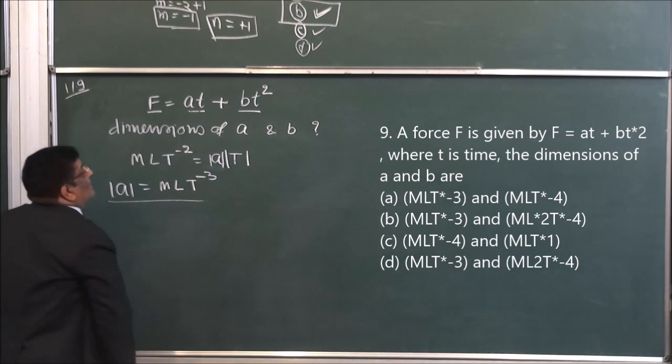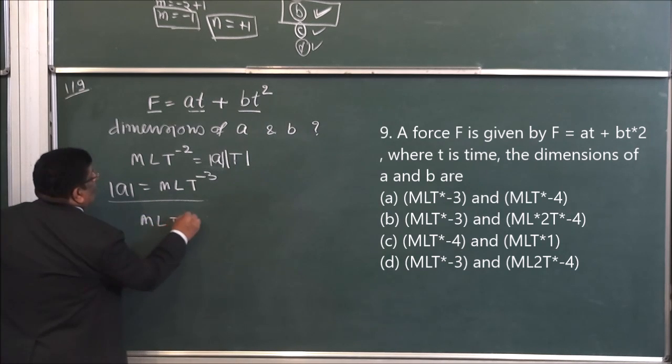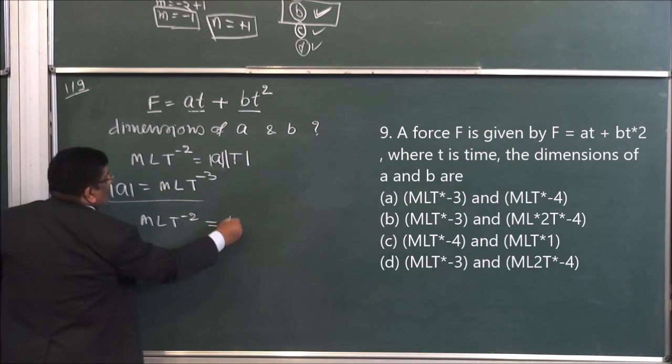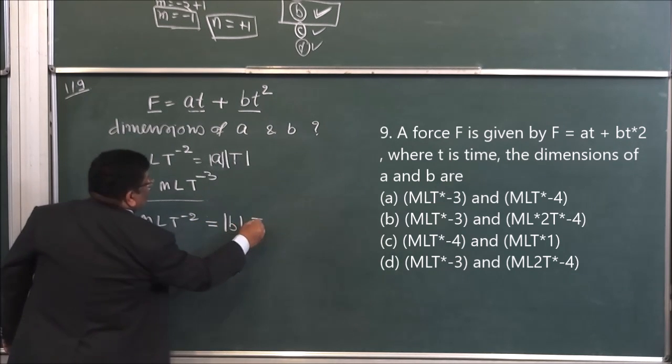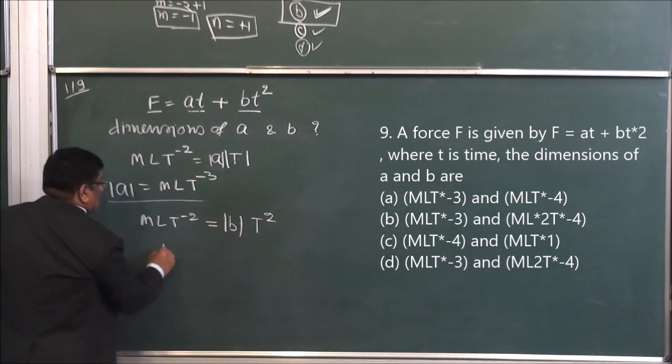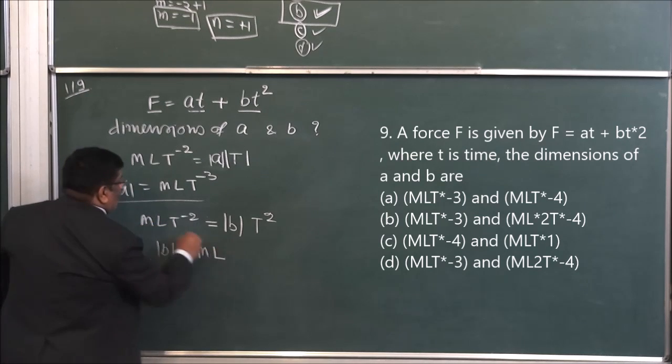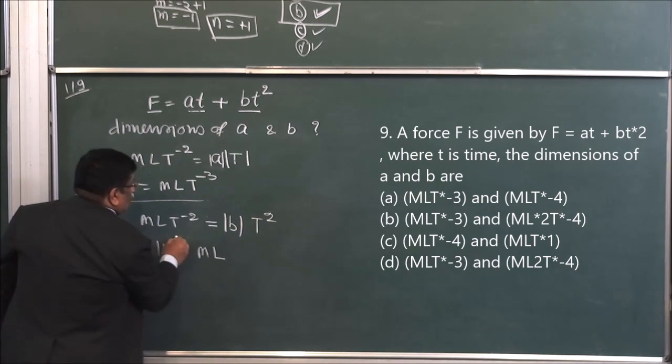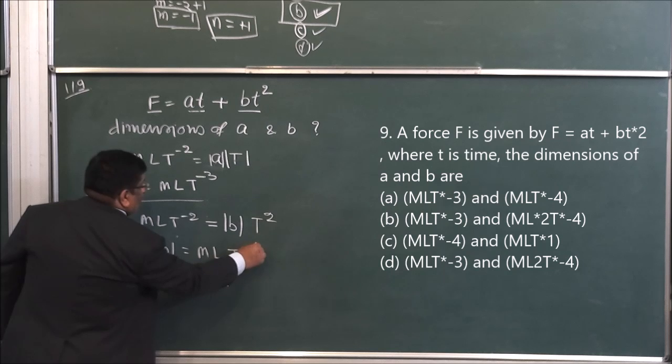Now what are the dimensions of B? Similarly again M L T minus 2 have the dimension B and dimension of T squared, that is 2. So B has the dimensions of M L, the 2 goes here, and that minus 2 will become minus 4.